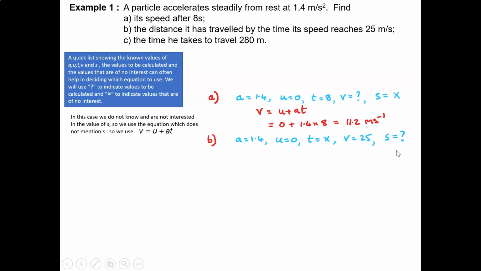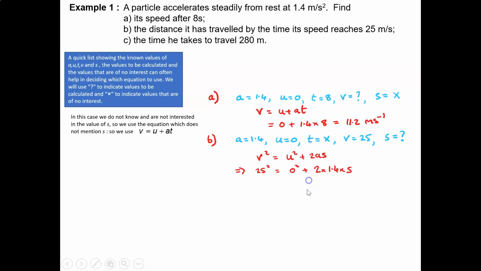So which equation does not use T? Well, it's this one: V squared equals U squared plus 2AS. It might be useful, if you see an equation of motion question, to write down the equations of motion at the side of your paper so you can see quickly which one you want.